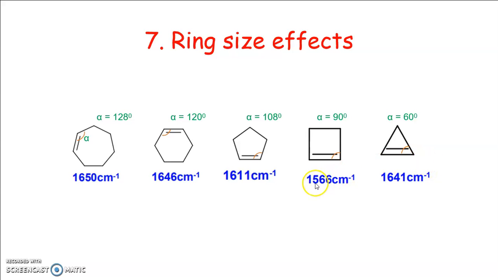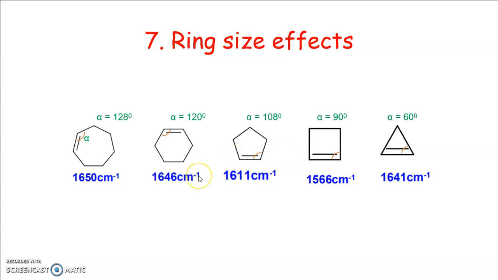The reason is that in cyclobutene, the C-C bond and the C double bond C bond are perpendicular and the vibrational modes are orthogonal, so that they do not couple effectively.